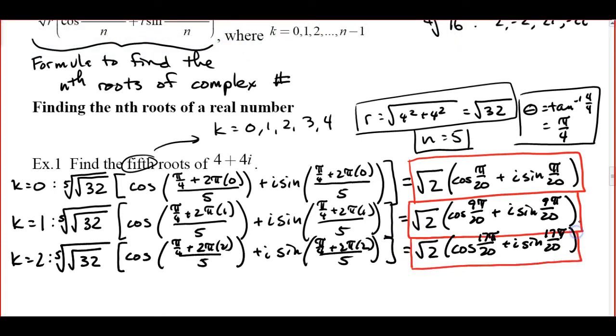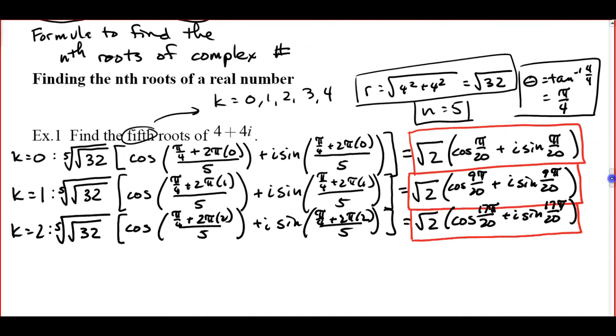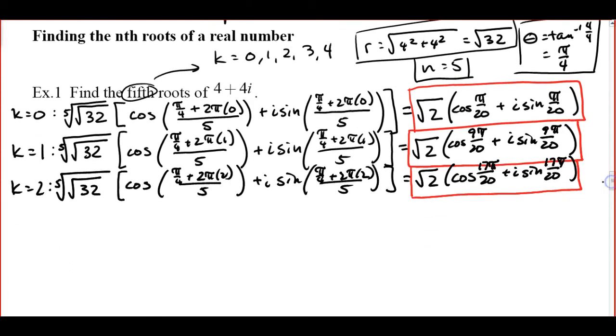If you want to go ahead and work through the next two, you can pause the video now. Otherwise, I'm just going to put in the final answers for k equal to 3. Pause if you don't want to see. You're going to have the square root of 2 times the cosine of 25 pi over 20 plus i times the sine of 25 pi over 20.